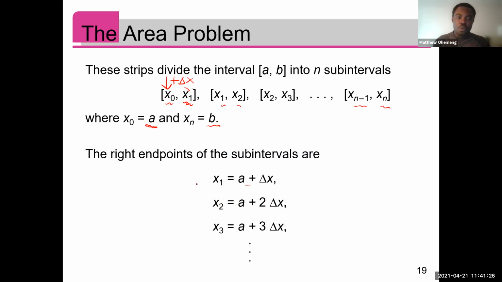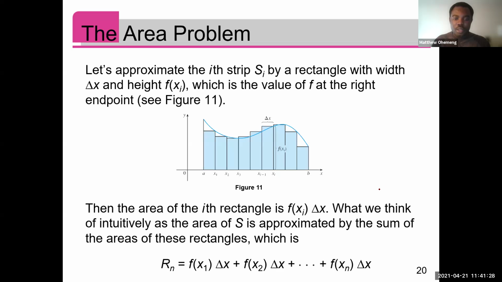Okay, so if you want to obtain this area, if you want to approximate it using the right endpoints, then for the first interval, which point are we going to pick? You're going to pick x1 to give us the height. So that's why you have f of x sub 1, and then delta x.